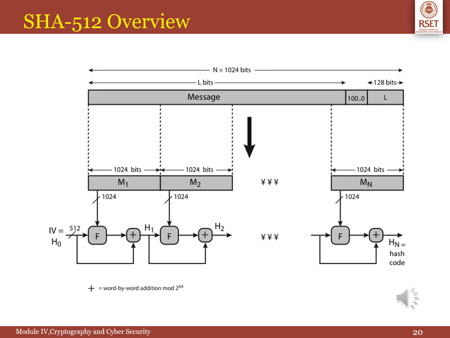The algorithm takes as input a message with a maximum length of less than 2 raised to 128 bits and produces an output of a 512-bit message digest. The input is processed as 1024-bit blocks, as you can see in the figure, to produce a message digest of size 512 bits, and the initial value, represented as IV, is of size 512.